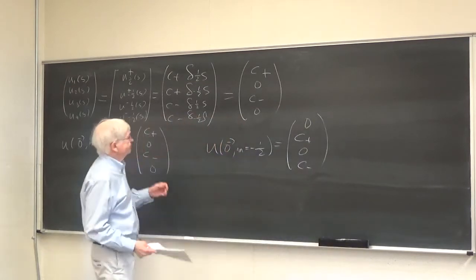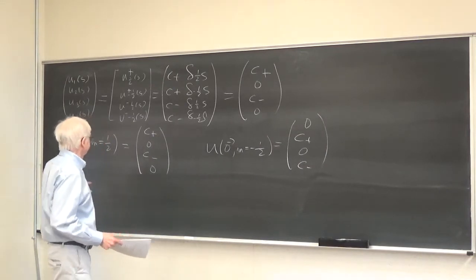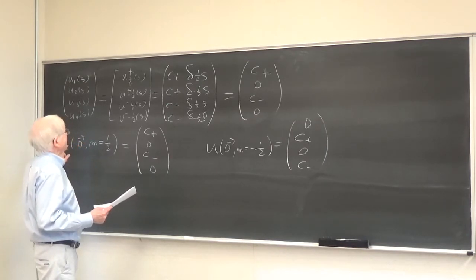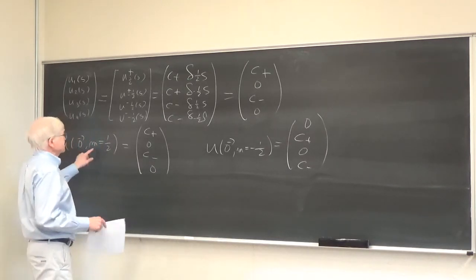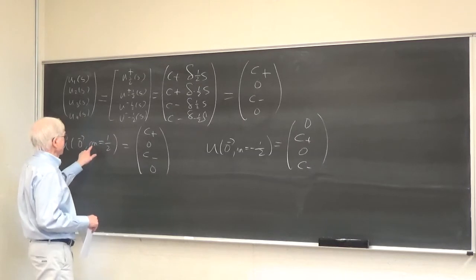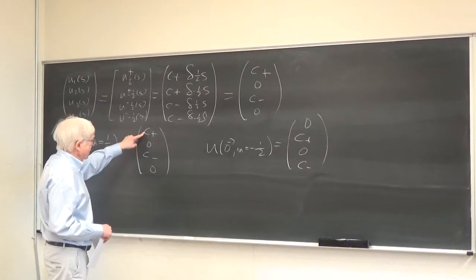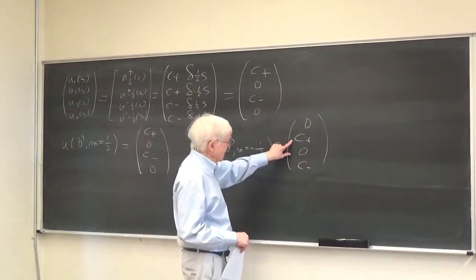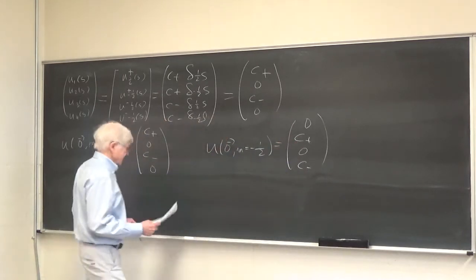So in other words, since this is just the identity, if M is a half, S has to be a half, not minus a half. If M is minus a half, S has to be minus a half. If it's an upper thing, it's C plus, a lower thing, C minus.